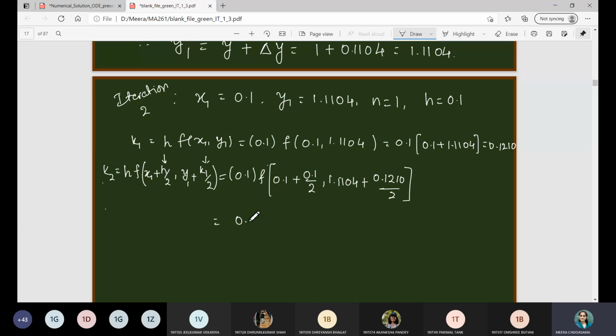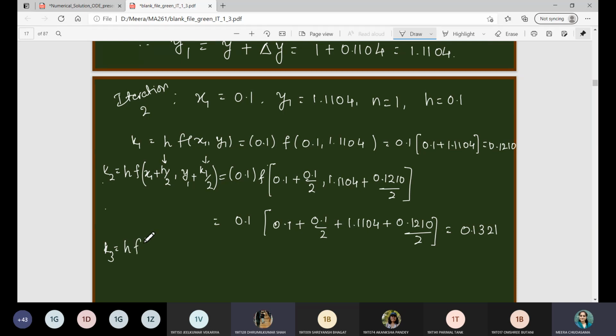So this is nothing but 0.1 times the addition of all these quantities, because the function is x plus y, right? What will you get? 0.1321. Yes, correct answer.